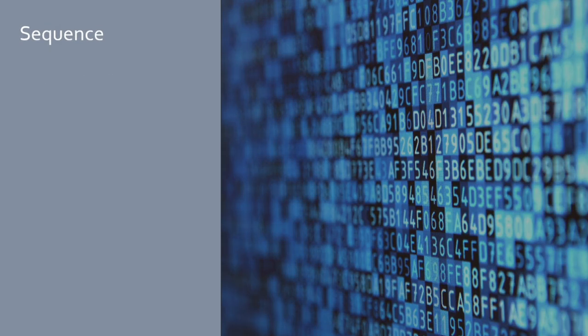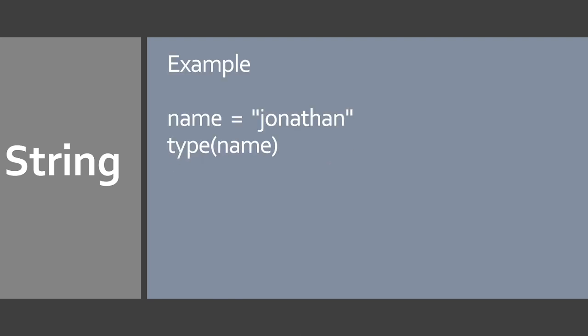Python has three different sequence types, namely strings, lists, and tuples. Let's explore each of these briefly. Now starting with strings. A string is a sequence of characters that is enclosed in either single or double quotes. Strings are represented by the string class, or str for short.